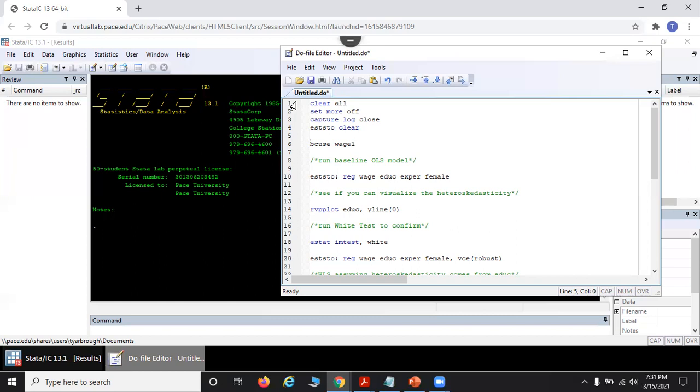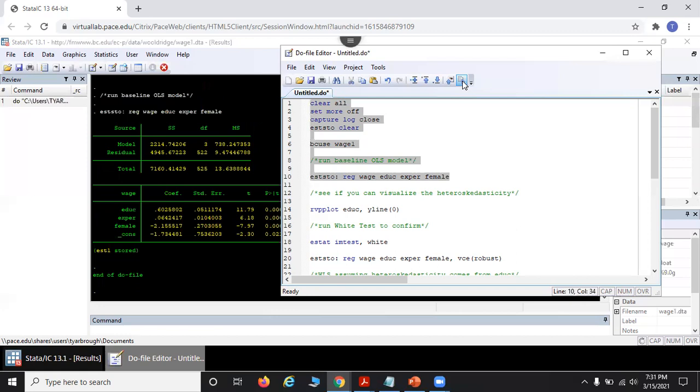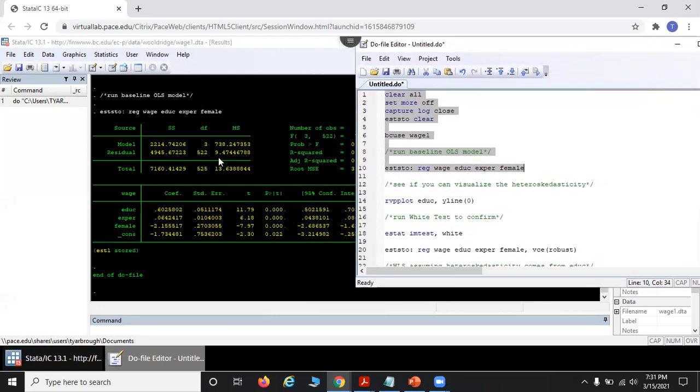I'm just going to run my do file up until this first part, a very simple regression, where I'm just regressing an individual's wage on education, experience, and an indicator for whether that individual is female. When we run this model, all three of our right-hand side variables are statistically significant.